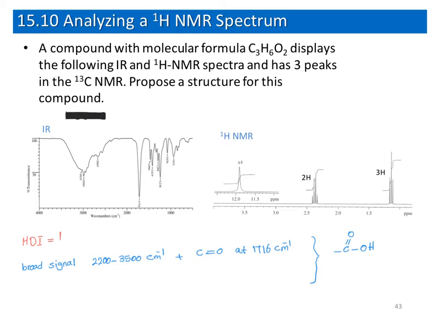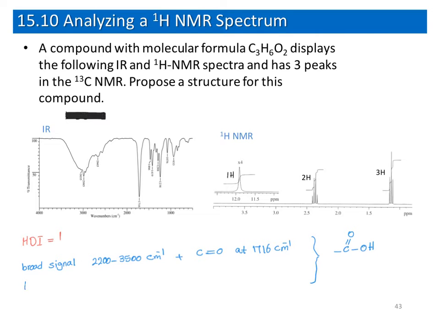Now, if you look at the hydrogen NMR at 12 ppm, we see a singlet with integration of 1. So this is 1 hydrogen at 12 ppm. And if you remember from the chemical shifts, that belongs to the hydrogen in carboxylic acid. So we can write it down as well.